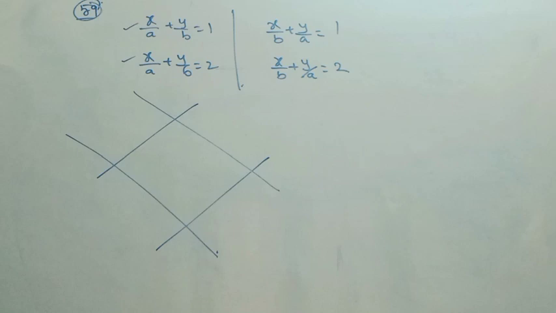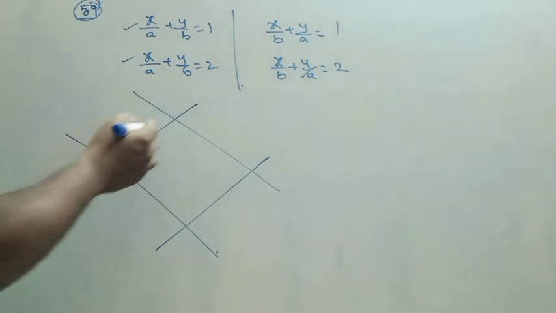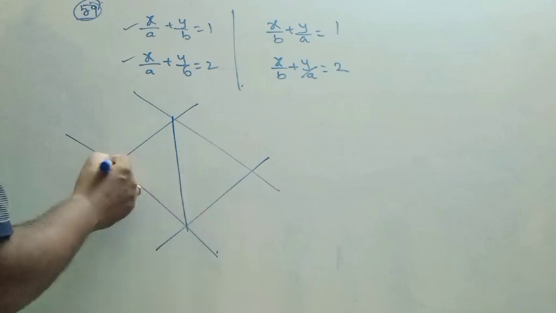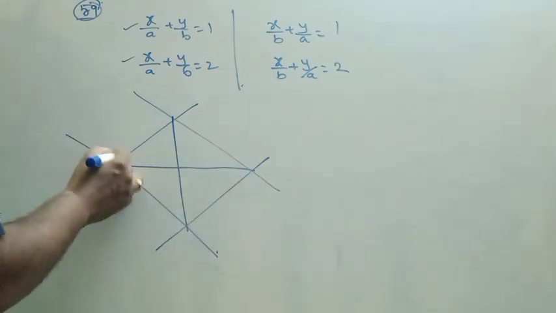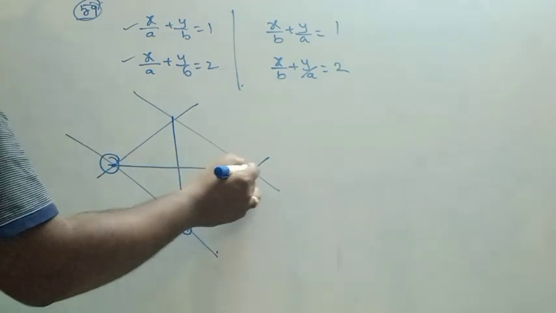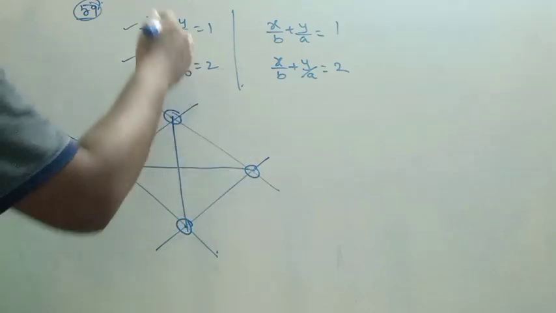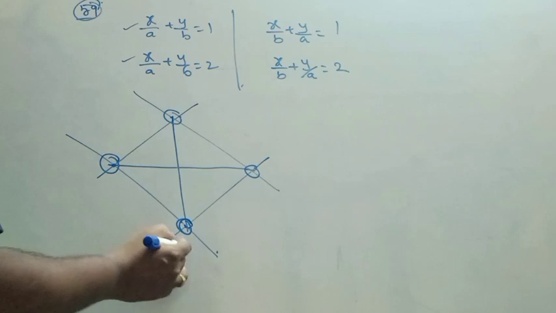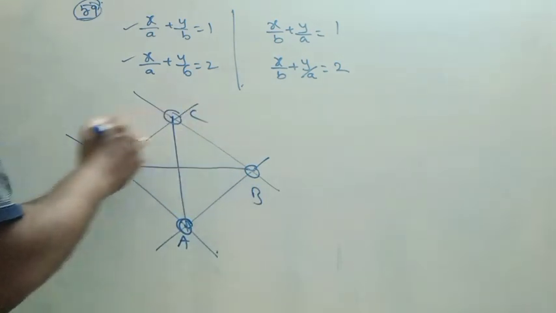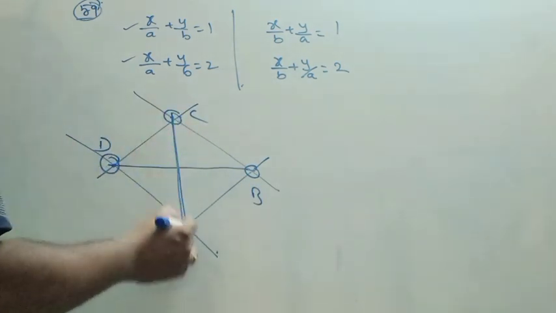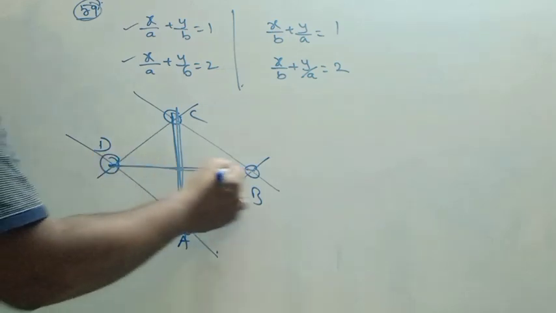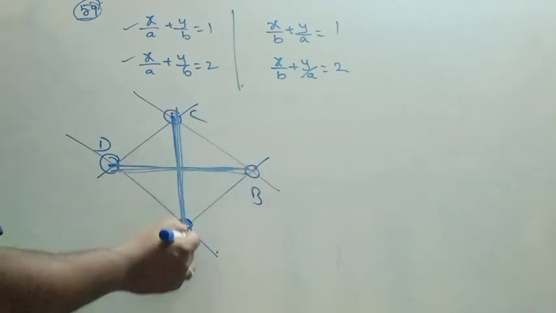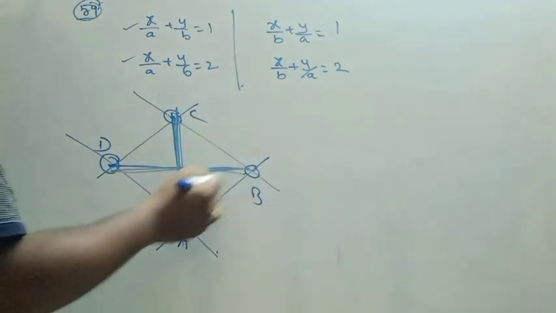We need to find the angle between the diagonals of the quadrilateral. If you just find these points of intersection, or you just draw them on a coordinate plane, once you get these points like A, B, C, D, you can get the slope of AC and the slope of BD.